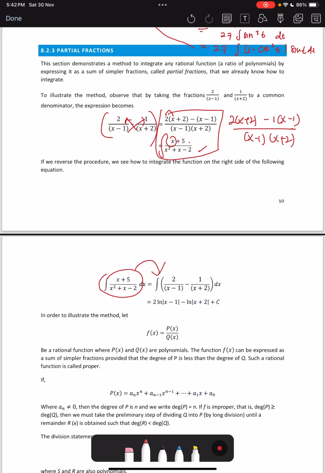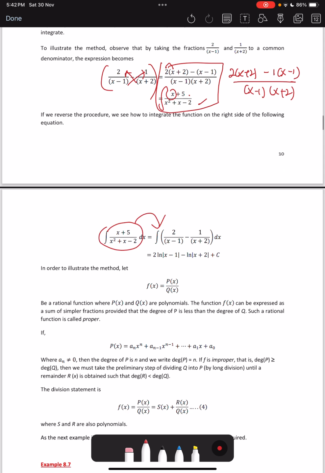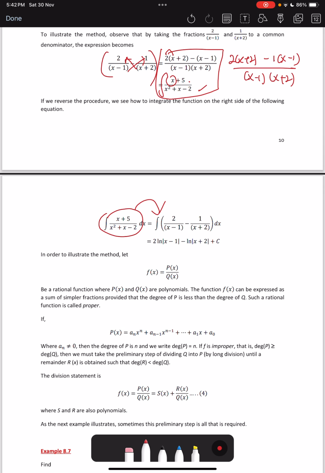So normally when we have a polynomial in terms of a fraction like this function, p(x) divided by q(x), it doesn't matter whether the p(x) is just linear like this, or a quadratic function like this, any polynomial divided by another polynomial, we can solve the integration by simplifying it into partial fraction format.